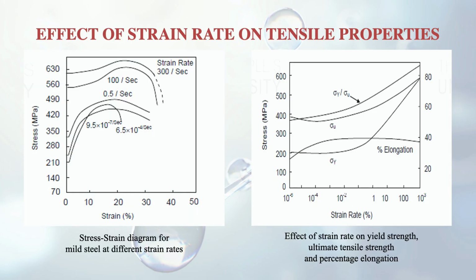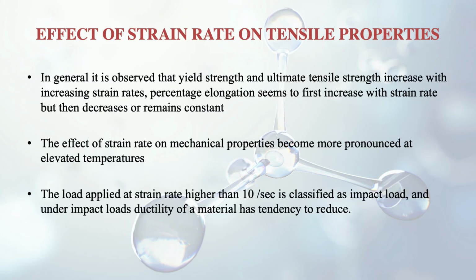So in the second figure you can see here that the yield strength goes up very rapidly with increase in strain rate. Similarly, the ultimate tensile strength also goes up but not as rapidly as the yield strength, and the elongation goes up but then it becomes constant after a certain point. So the load applied at a strain rate higher than 10 per second is classified as impact load, and under impact loads the ductility of a material has a tendency to reduce.